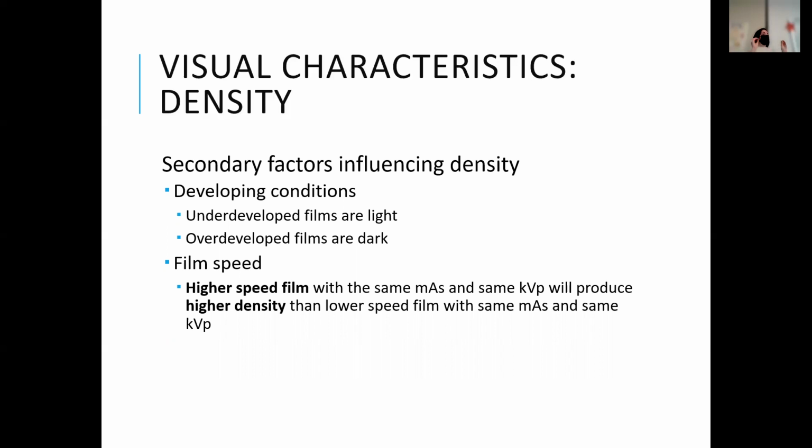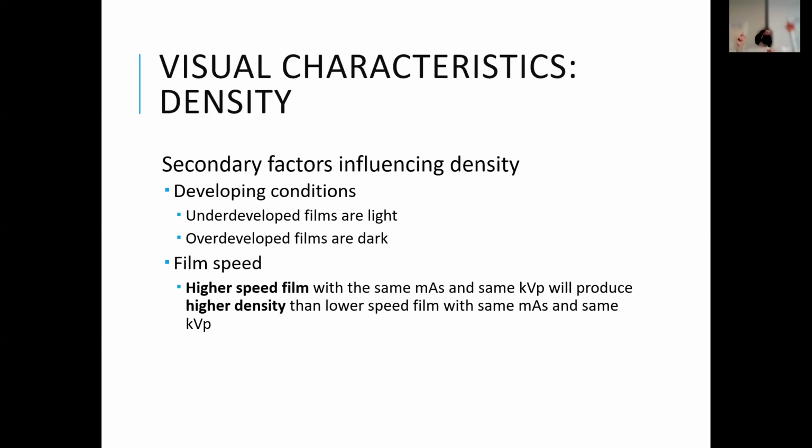Again, with film speed, remember A, B, C, D, E, F, F is the fastest speed of film. If all things being equal, your mA and your kVp are equal, and you use 2 different speeds of film, higher speed film will produce a higher density, so it'll be darker.